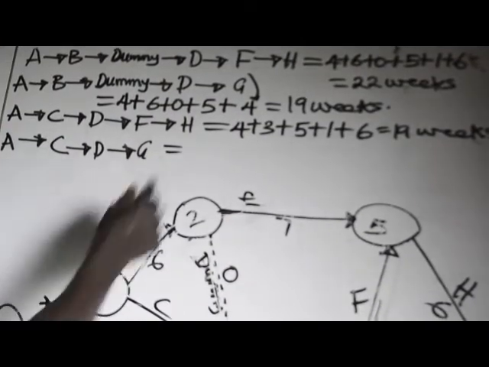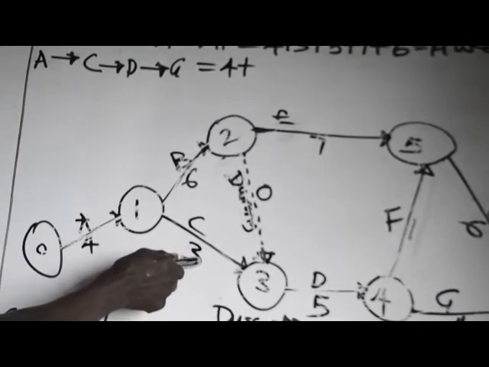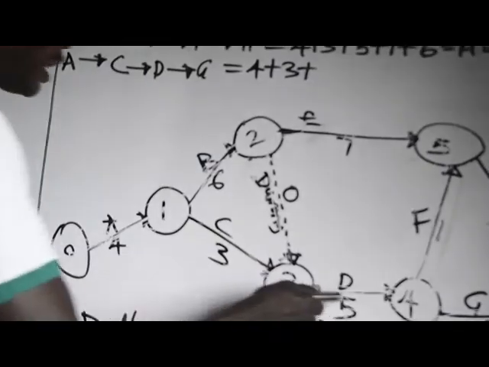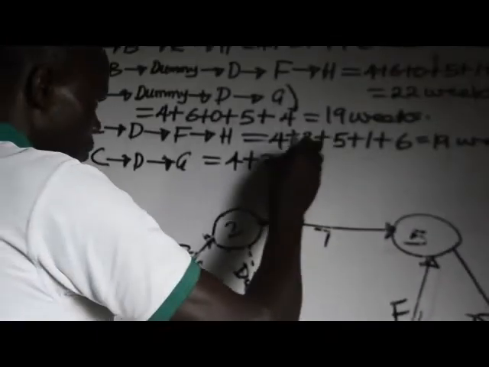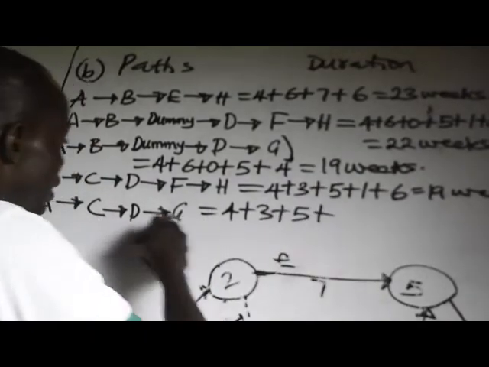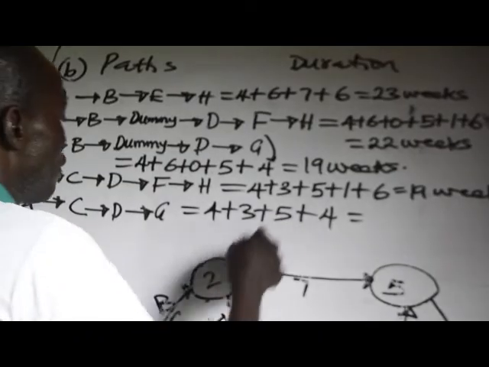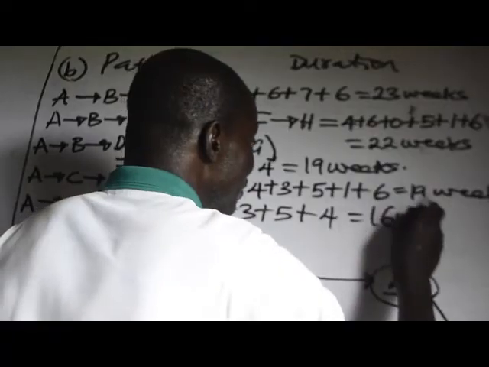That of A is 4 weeks plus that of C, 3 weeks plus that of D, 5 weeks plus G, G is 4 weeks. Now let's sum it up. 4 plus 3, that is 7. 7 plus 5, that is 12. 12 plus 4, that is 16 weeks.